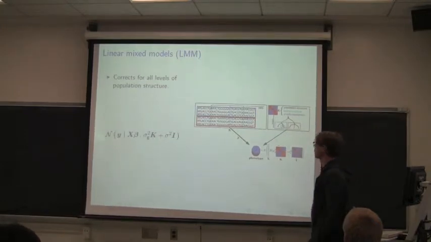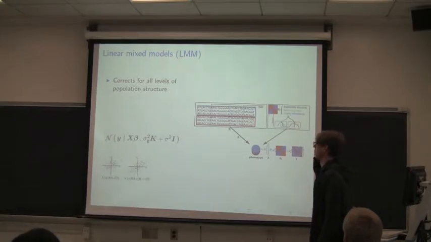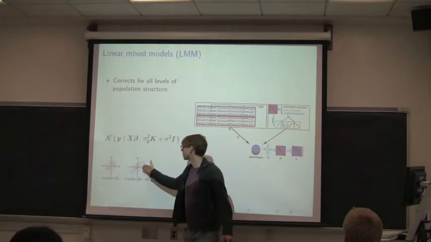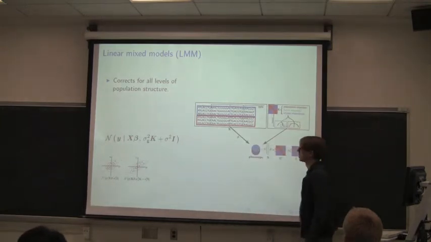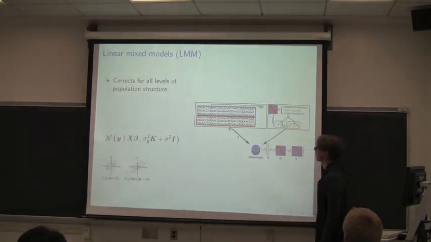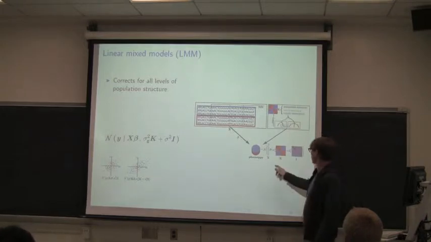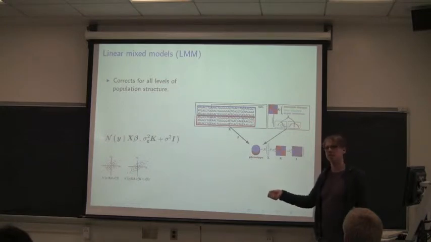Empirically this works really well. The way it works is it accounts for these systematic covariances due to genetics.